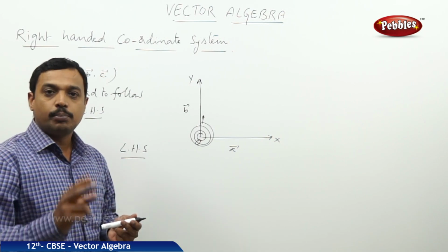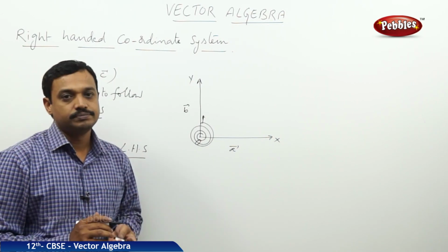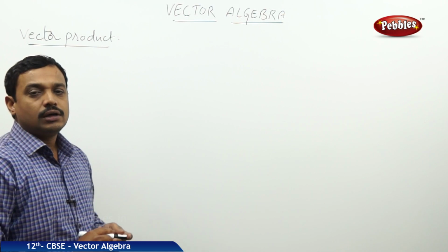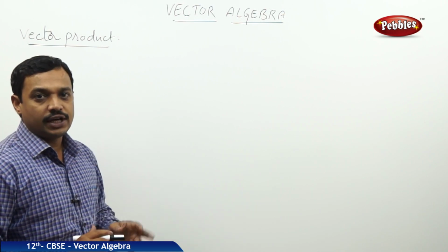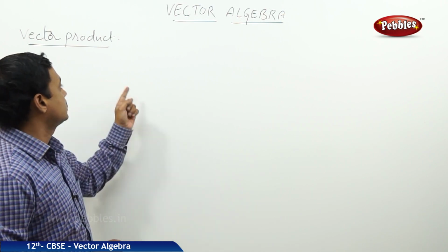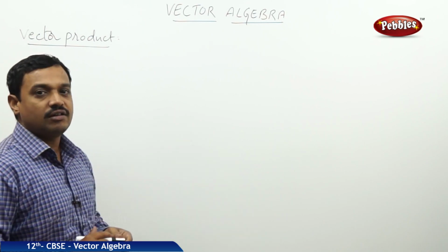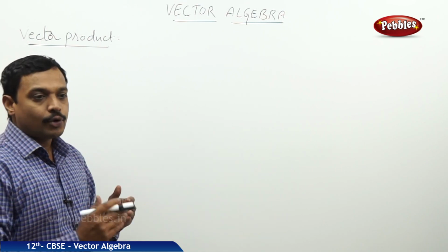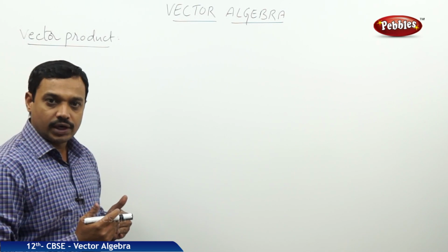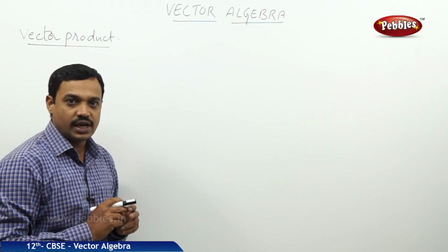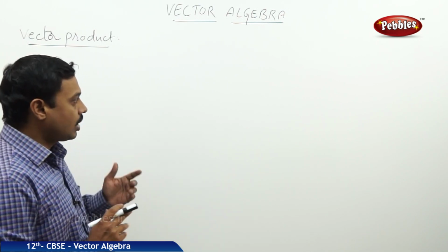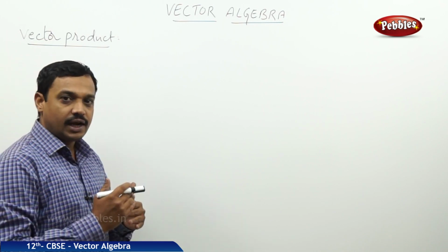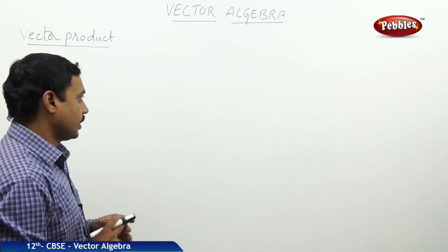Now these are the two important systems in vector algebra. We know that the product of two vectors are defined in two ways. One is scalar product, second one is vector product. If the product of two vectors is a scalar quantity, then such product is known as scalar product. So already we have explained and we learned about that scalar product.